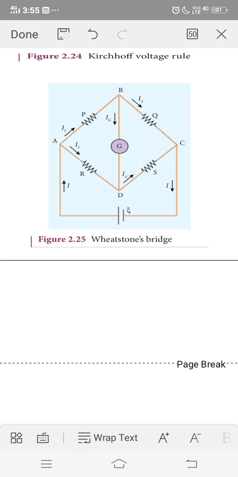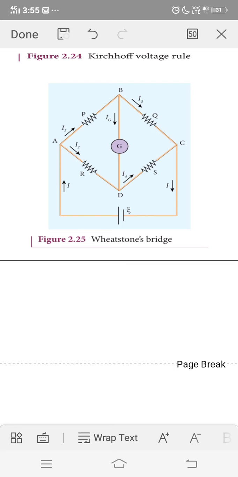The Wheatstone Bridge is nothing but an application of Kirchhoff's law. Here we apply the concept of Kirchhoff's current rule and voltage rule. According to Kirchhoff's current rule, the algebraic sum of the current entering and the current leaving a junction is 0.